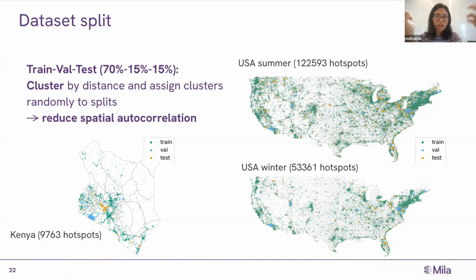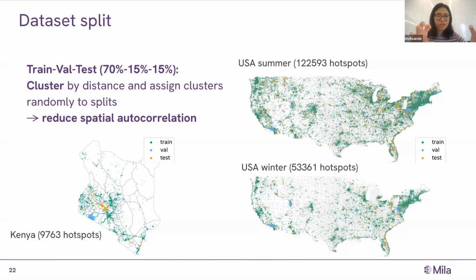But this is actually not representative of what your model performance would be if you go to a place where you have no data, because that is actually the use case that we're looking at.